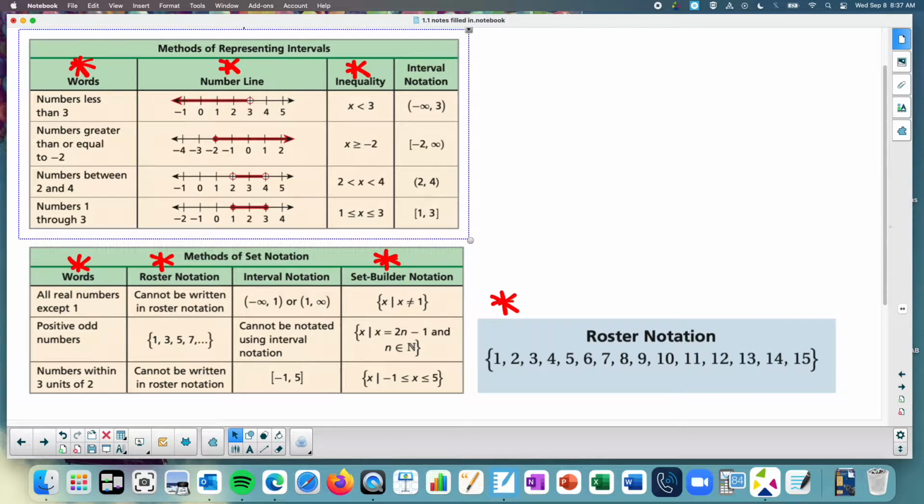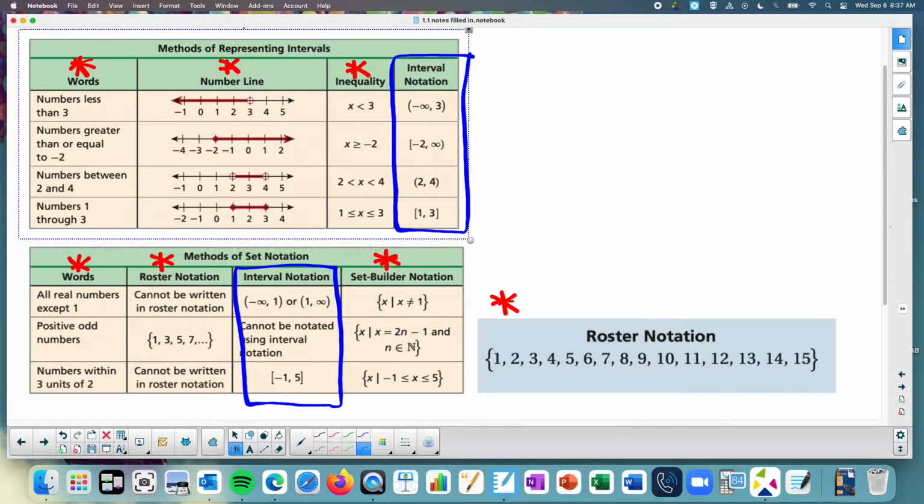So interval notation is supposed to be the only thing that you wouldn't be familiar with.